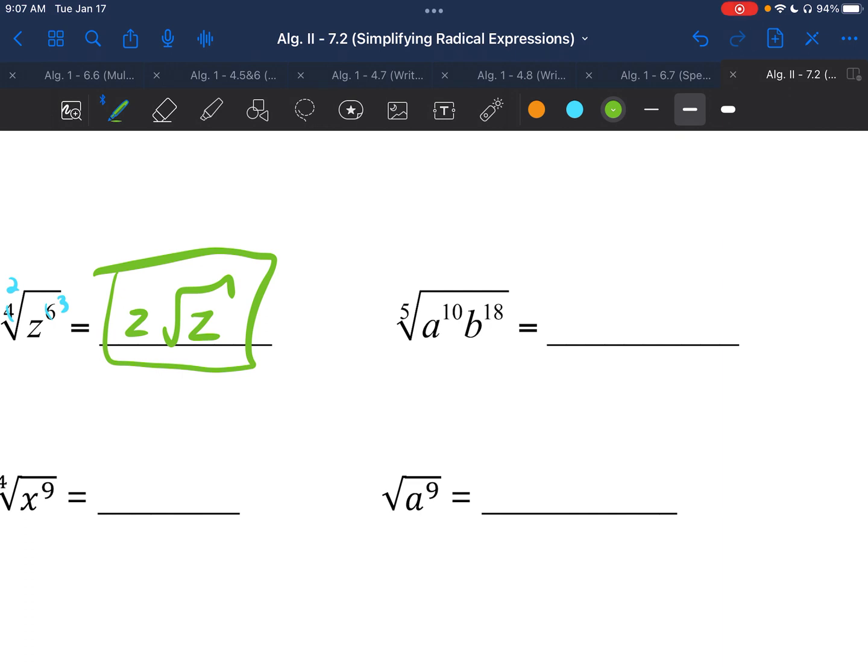Same thing would apply here when there's multiple things. You take 10 divided by 5 and you get a squared, no remainder. And 18 divided by 5, it goes into it 3 times completely with the remainder, so it'd be the 5th root of b to the 3rd because 3 was the remainder.